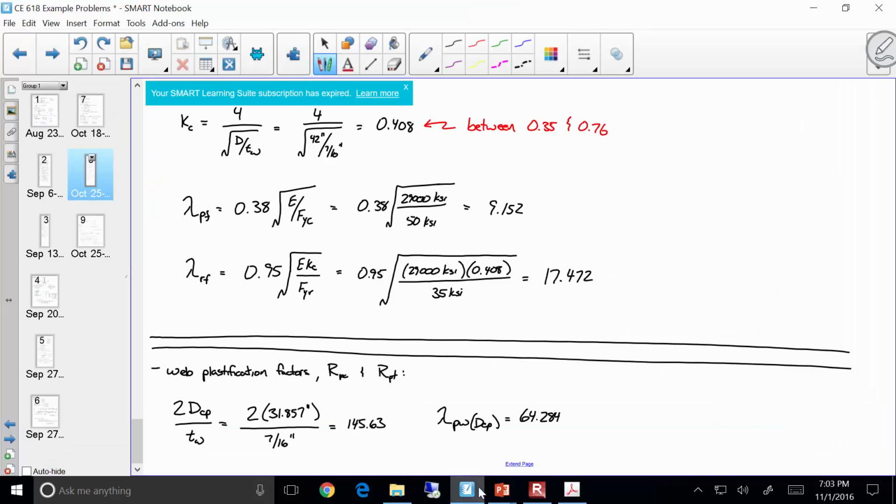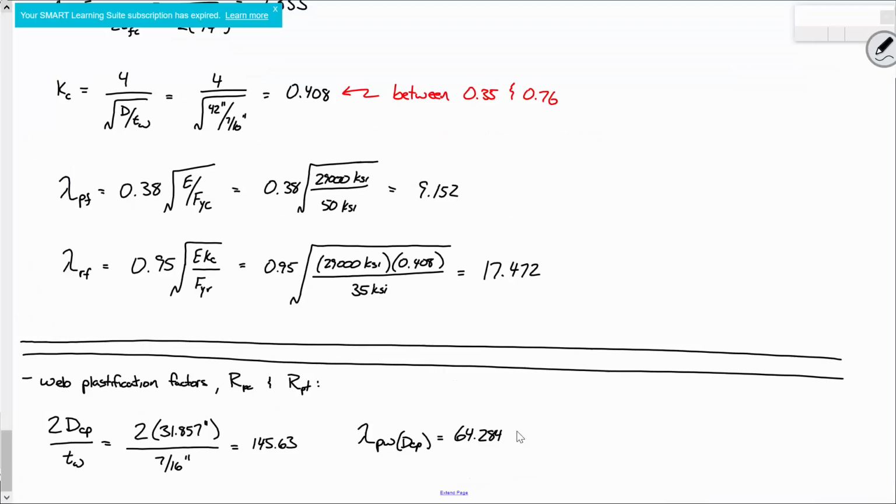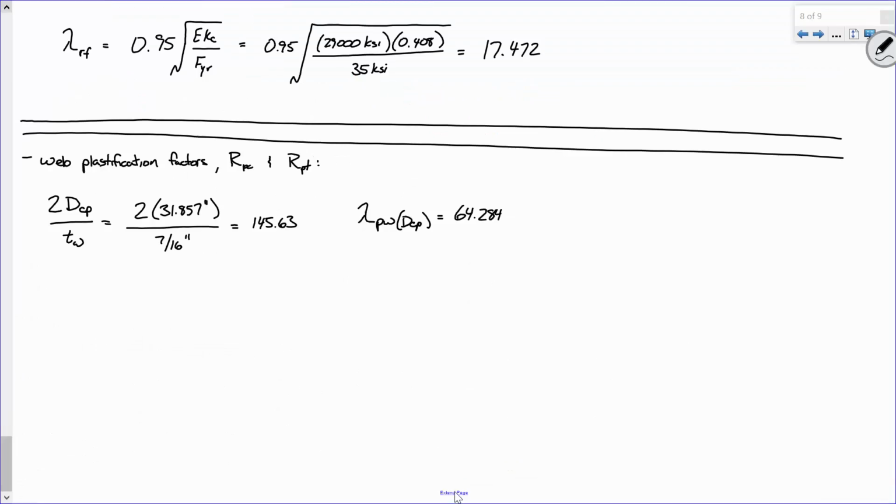I'm going to do RPC, and then we'll just write down the answer for RPT because it's a pretty similar formula.